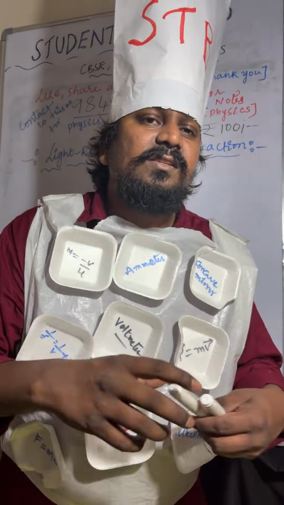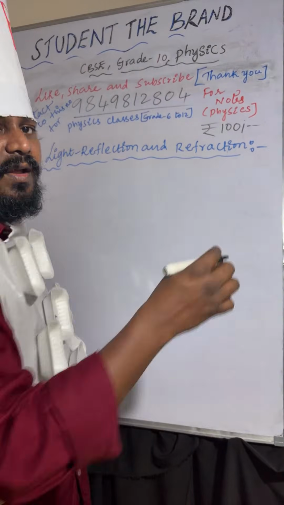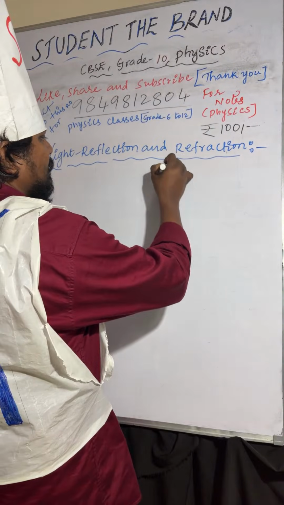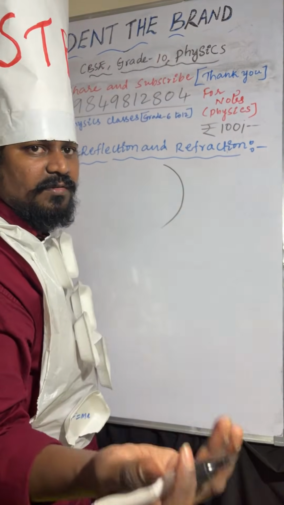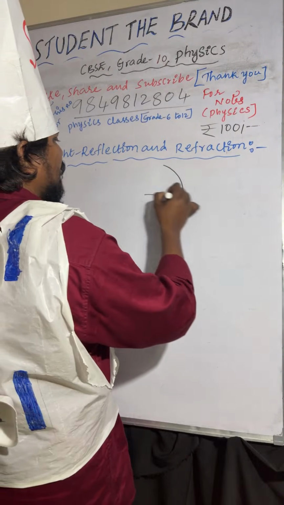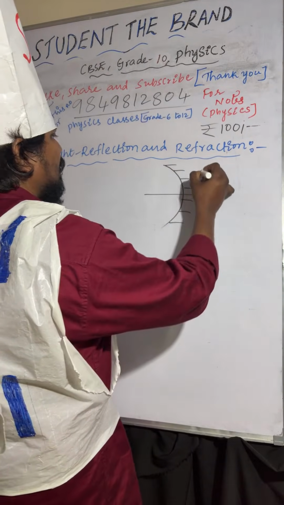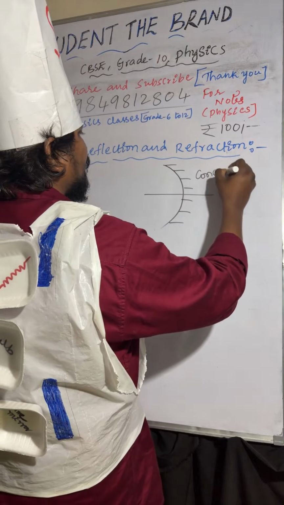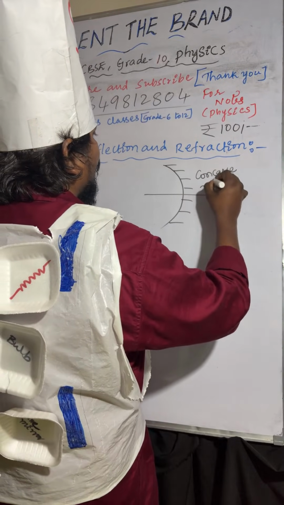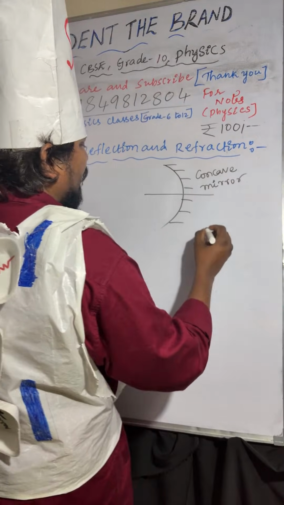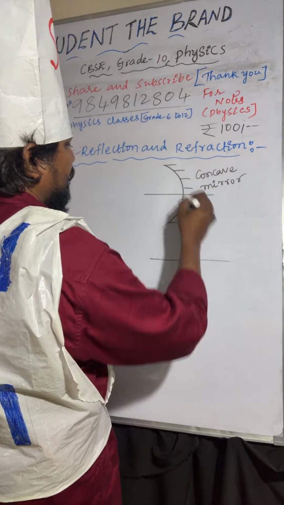Now, just look at the board. Here you can see this is a spherical mirror, the mirror which is in the form of curved surface, based on coating. If the silver coating is outward, that is a concave mirror, and reflection takes place inward.